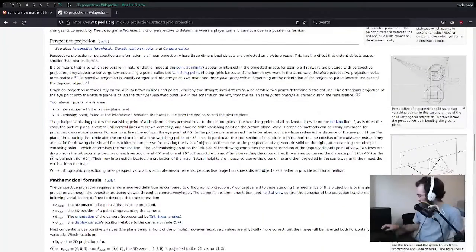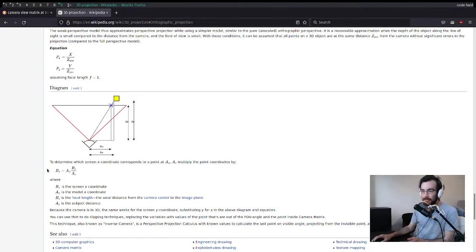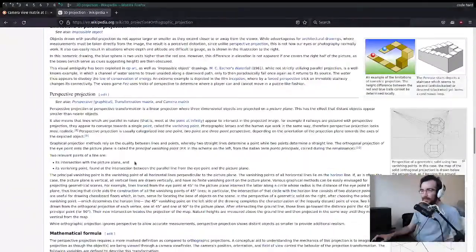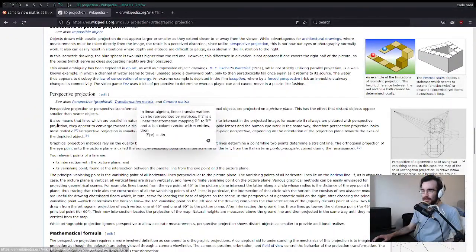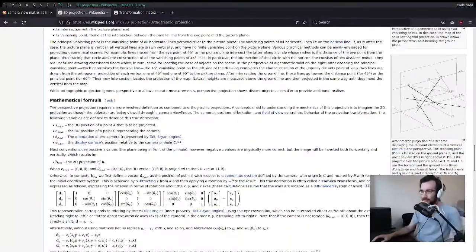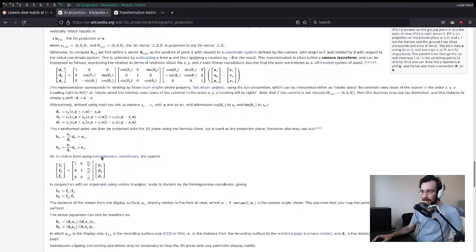Where are we heading? Sorry, I'm just going to quickly check my phone here. X focal length. Cool. Cameras in 3D work the same as the screen Y coordinate, substituting X for Y. Yeah, this all looks like perspective projection, 3x3.